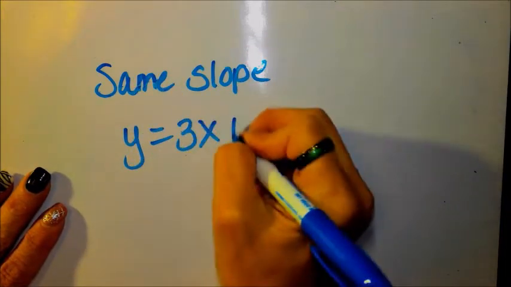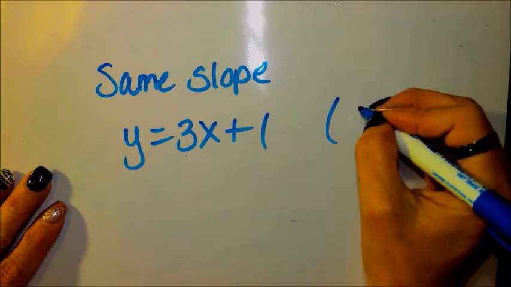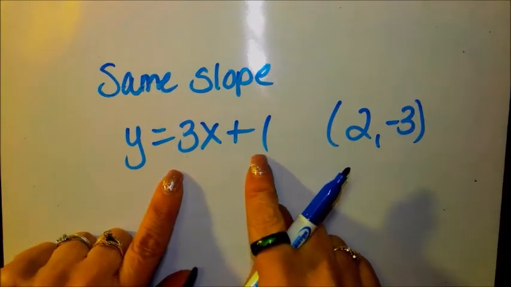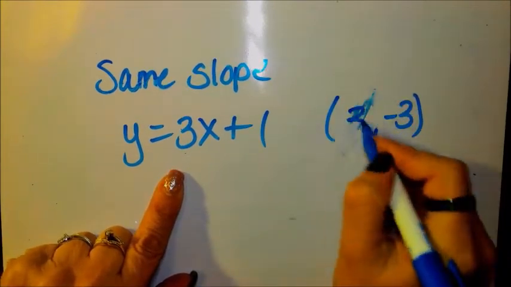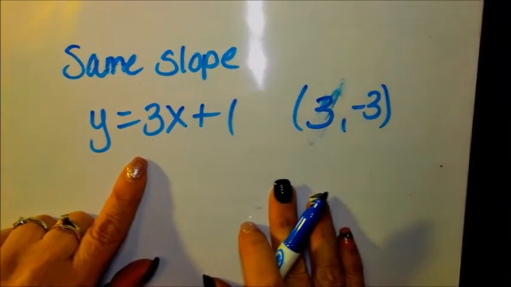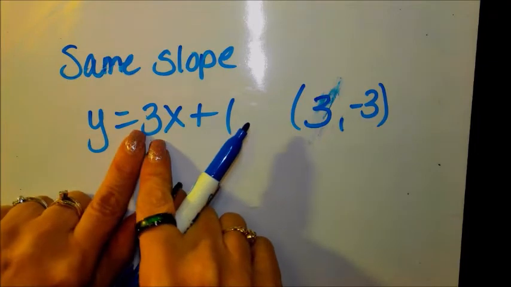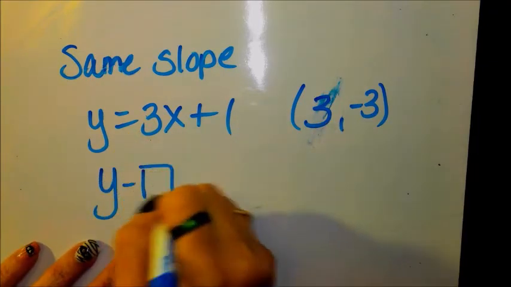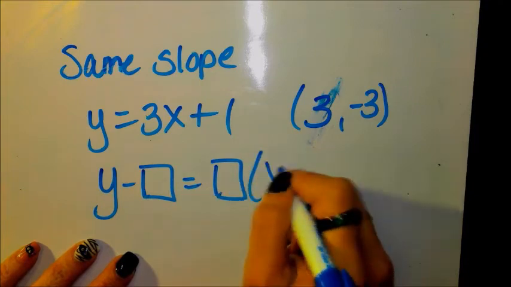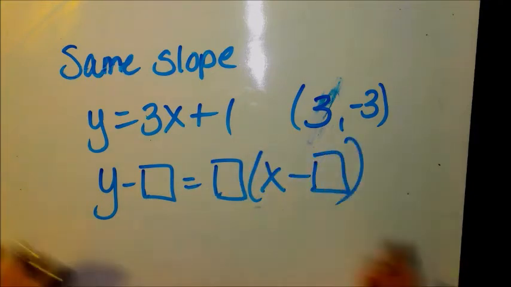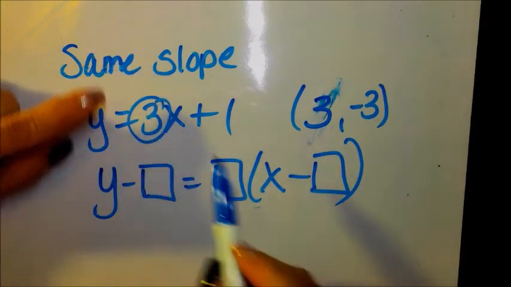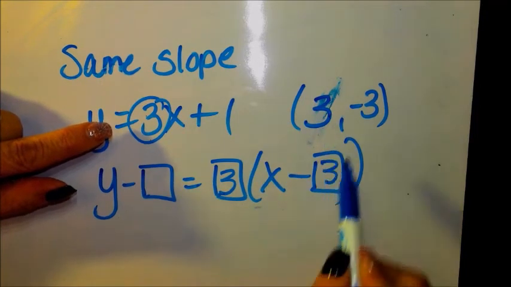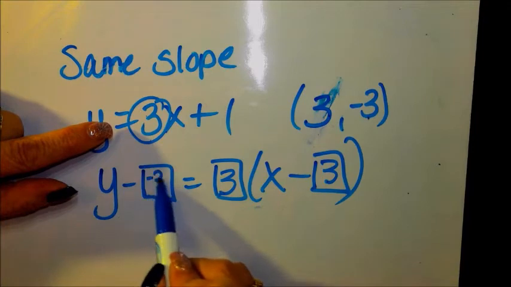So y equals 3x plus 1, and it passes through, we'll say, 2, negative 3. If I ask you, let's make this 3, negative 3. If I ask you to write the equation of the line that has this slope and goes through this point, you would do y minus something equals something times x minus something. Use your equation that you know. Your slope is 3. 3 is going here. x stays with x. y stays with y.